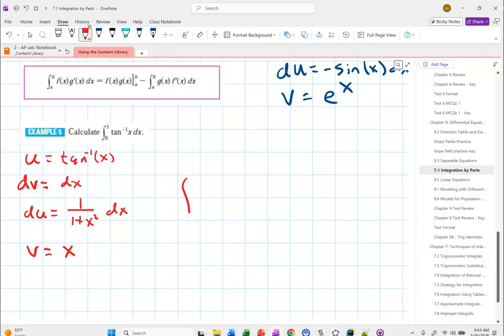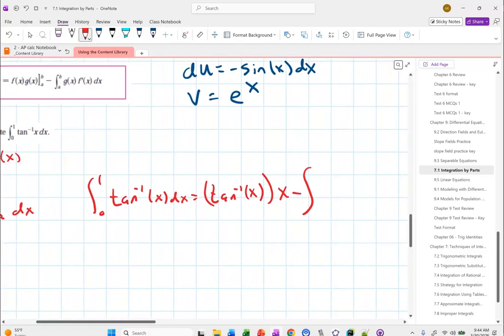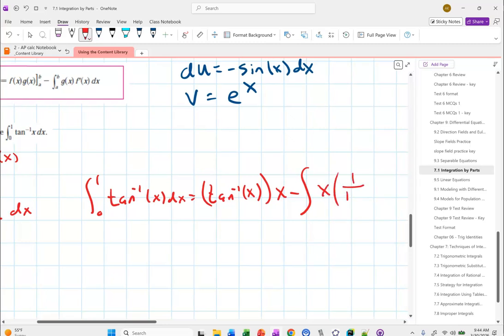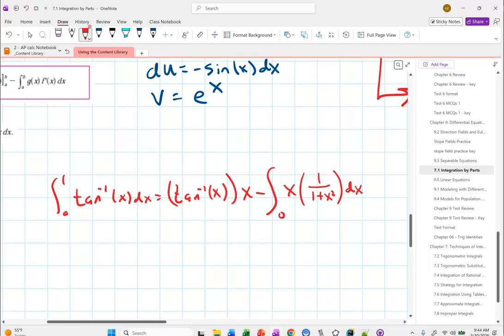All right, so we have u times v minus the integral of v times du, and this is still from 0 to 1. I guess that guy should have the evaluate from 0 to 1 on it.